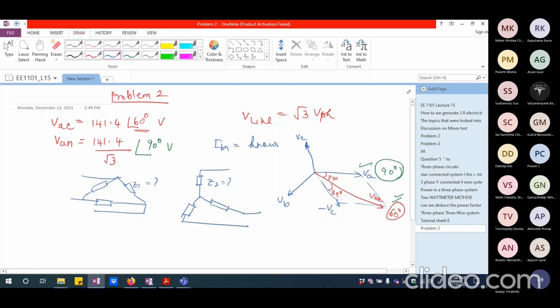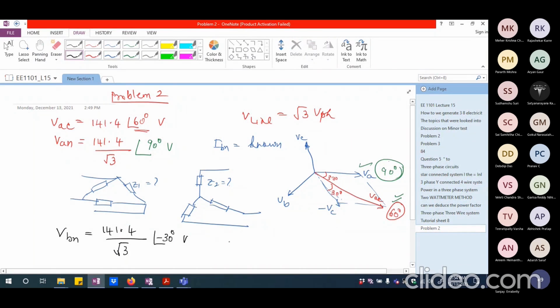So if IBN is known, from VAN we should be able to write VBN. What is VBN in this particular case? VBN will be 141.4 divided by √3 angle 90 minus 120. So this will be minus 30 degree.